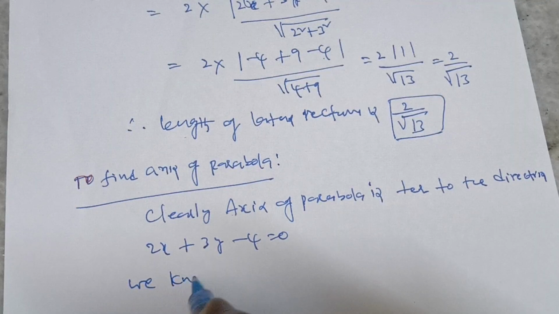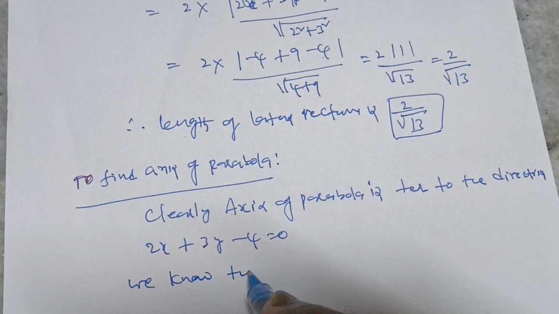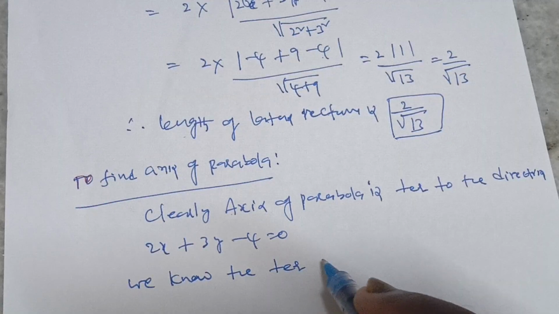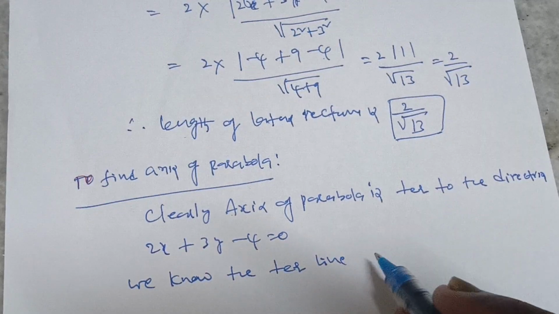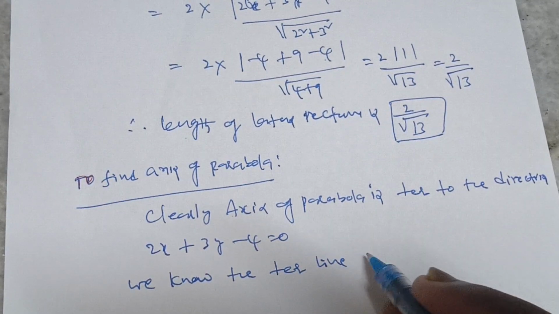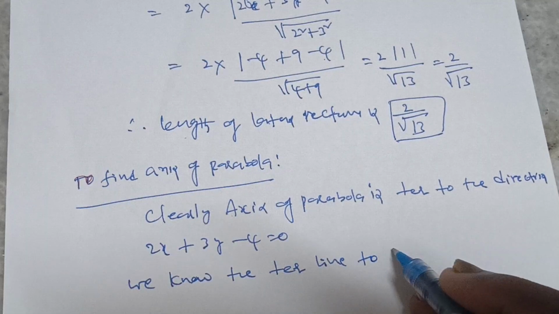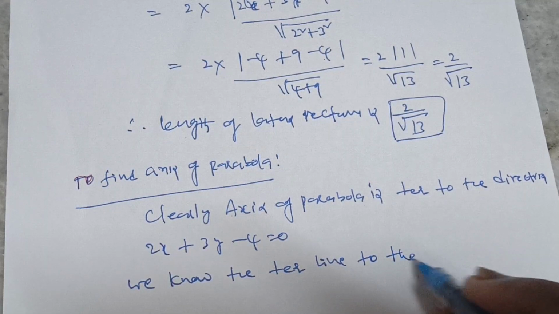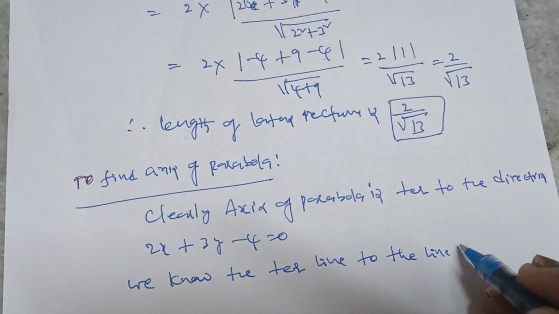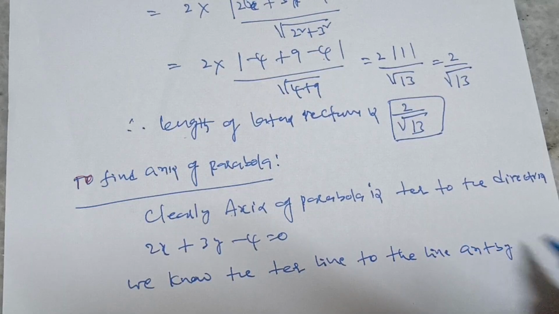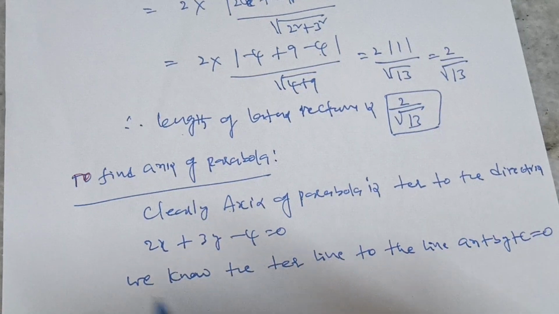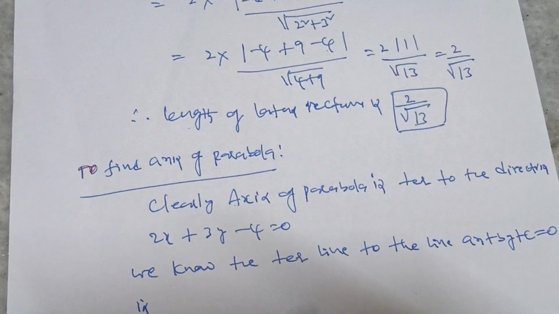We know the perpendicular line to the line ax plus by plus c equals 0.